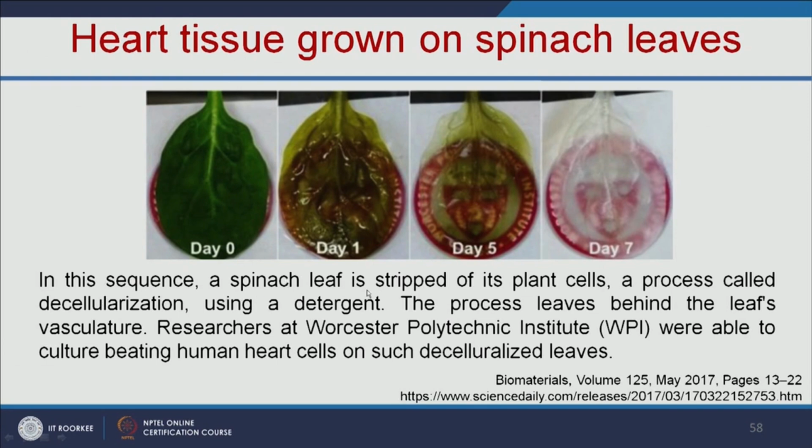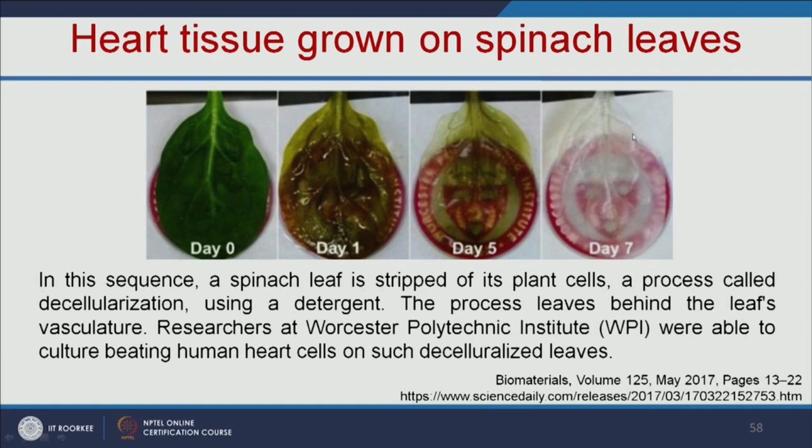Here, the spinach leaf is stripped of its plant cells through a process called decellularization using a detergent, and this process leaves behind the leaf vasculature, and here the cells were cultured on top of these decellularized leaves. You can see here at day 0 it is a spinach leaf and they removed the cells from the spinach leaf, and at day 7 it is completely decellularized and left with only vasculature.